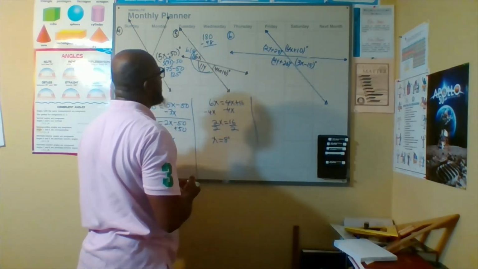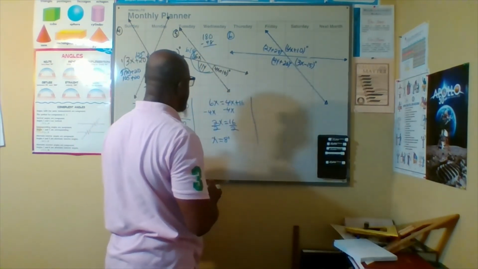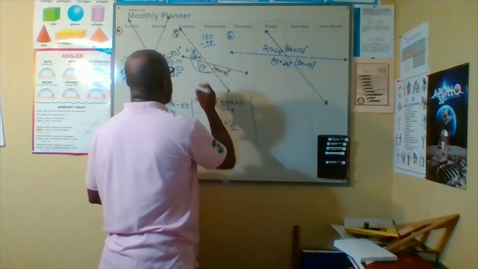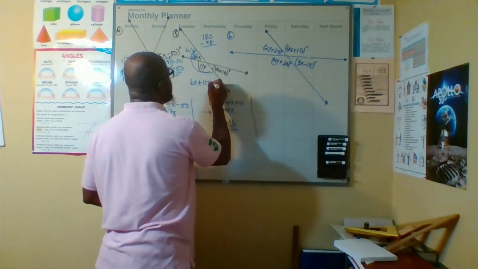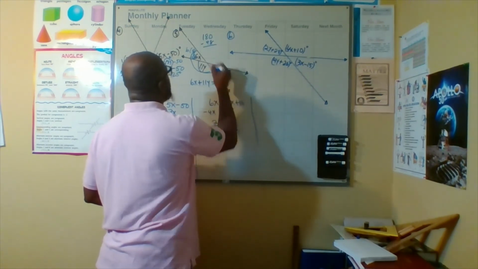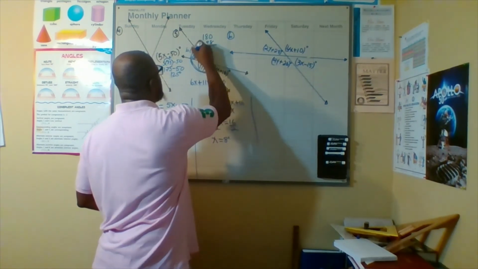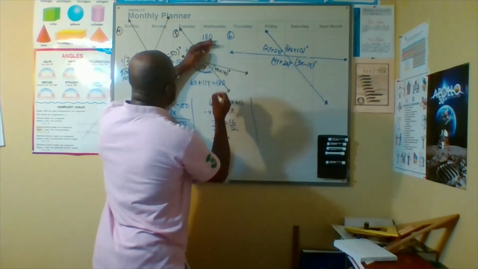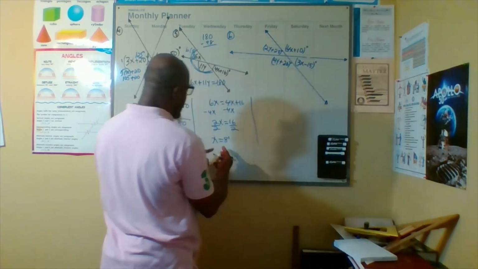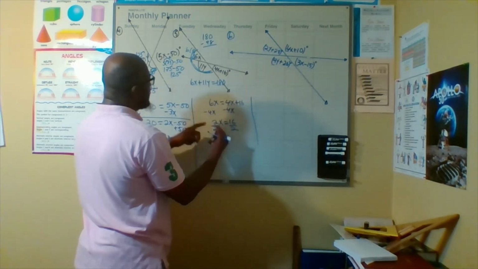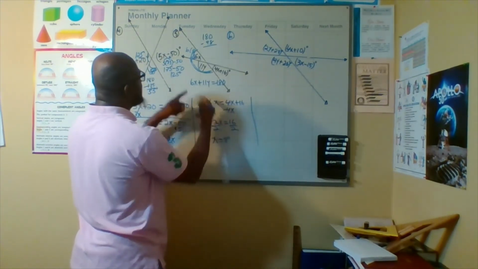But if you don't see that easily, I could have said 6x plus 11y is equal to 180, because they are on the same side of the line. Or 11y plus 4x plus 16 is equal to 180. I already know what x is. x is 8. 6 times 8 is 48.